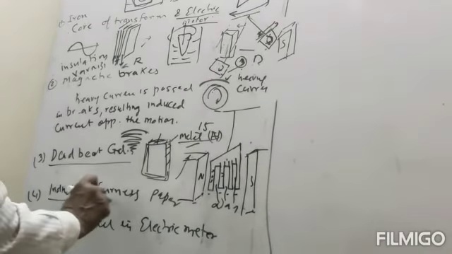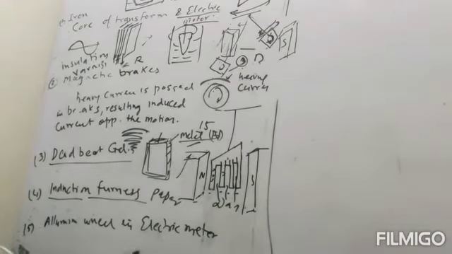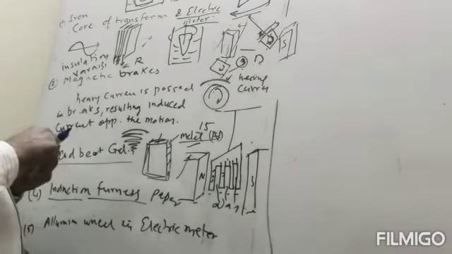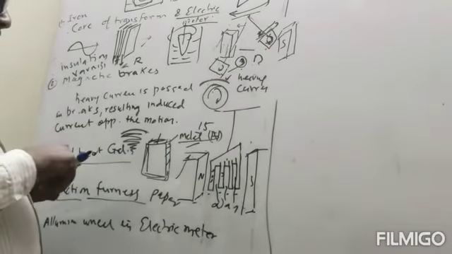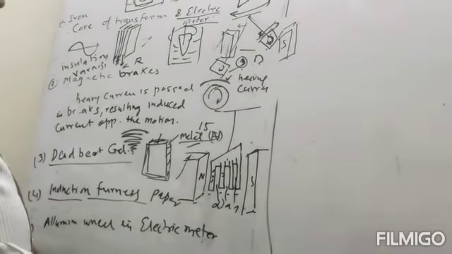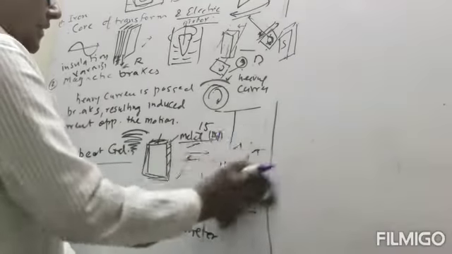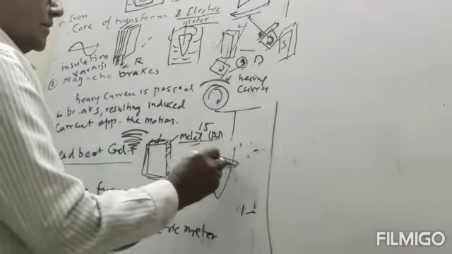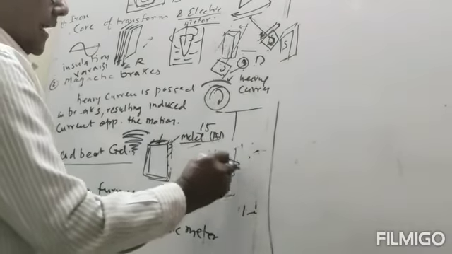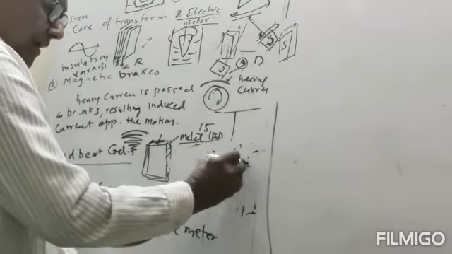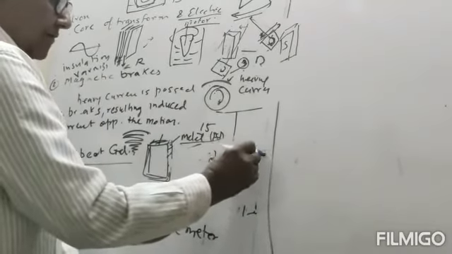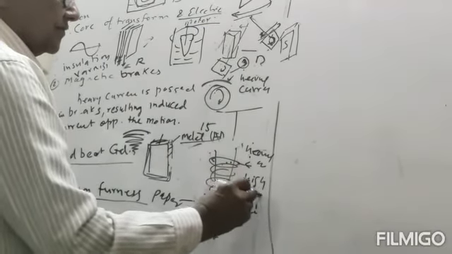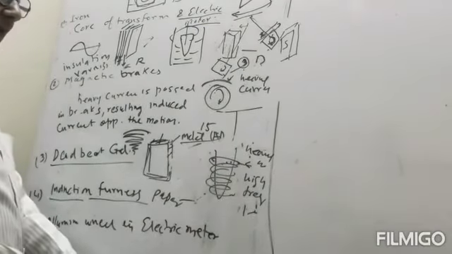Now, next is the induction furnace. Nowadays, we also have an induction cooker in our house. Now, suppose this is the induction furnace, and here there are coils surrounding it. And in this coil, we will pass heavy current with high frequency. Then what will happen?